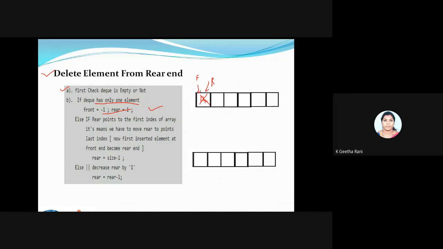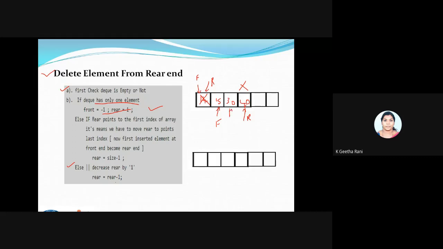In this else, what I'm actually doing is decreasing the rear by 1. If we have many values, for example 15, 30, 40, assume this is my front and this is my rear. If you want to delete the rear element, I just have to decrement the rear pointer.